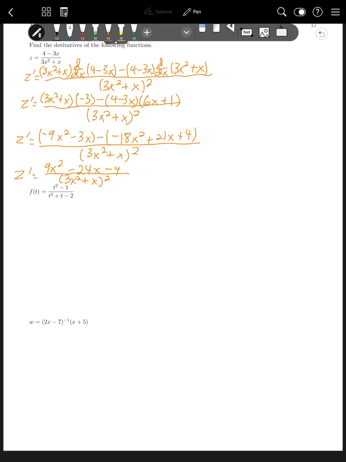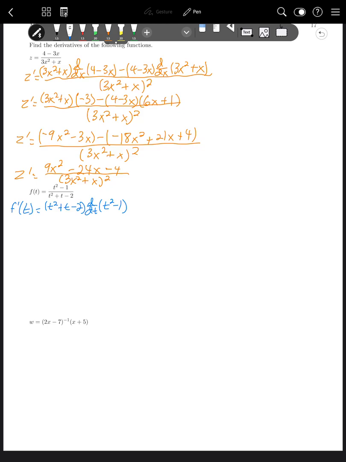So to find f prime of t, the first derivative, we just use the quotient rule. So the bottom times the derivative of the top. Notice this notation I'm using in general is not, for what we're doing right now, gigantically important.